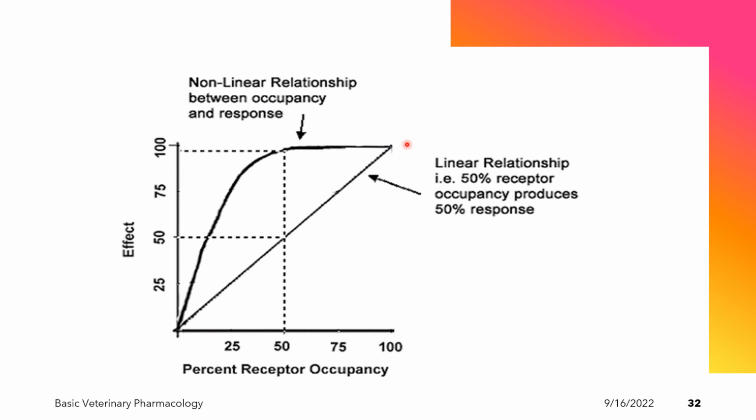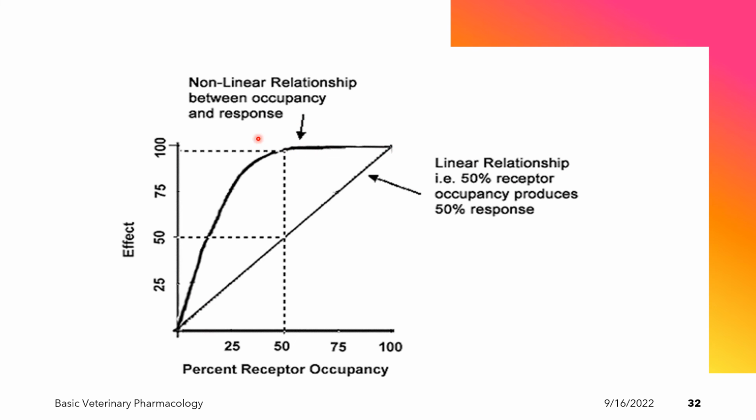Conversely, at 100% occupancy of the receptor, there is also a 100% maximum effect. So this type of linear relationship does not exhibit a spare receptor concept, because all of the receptors must be occupied in order for this particular drug to achieve its maximum effect.